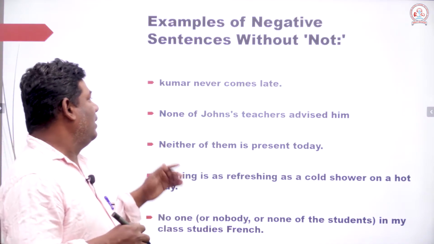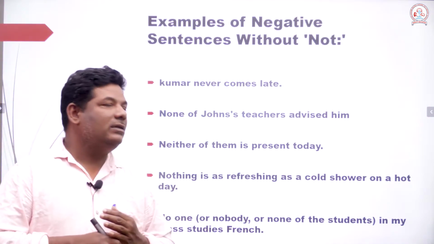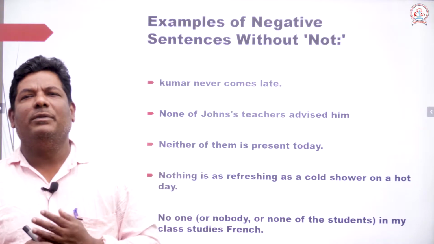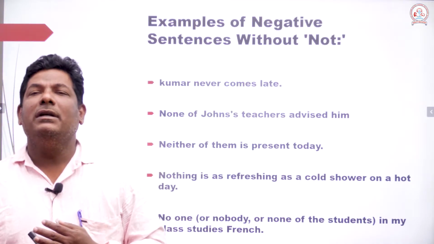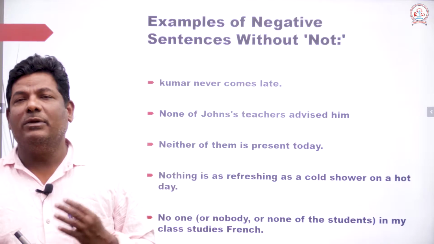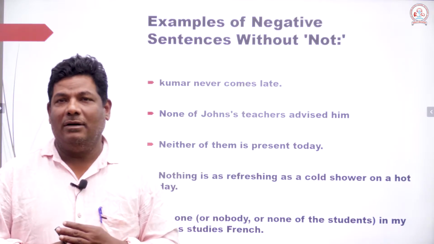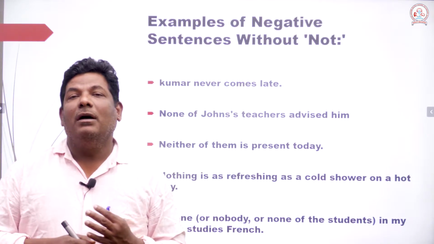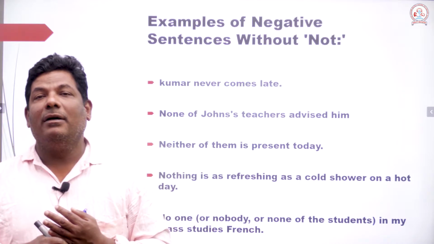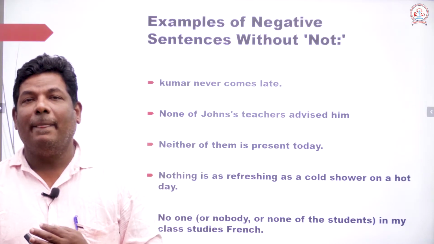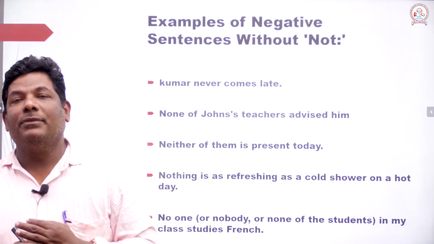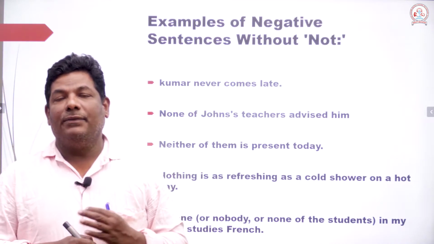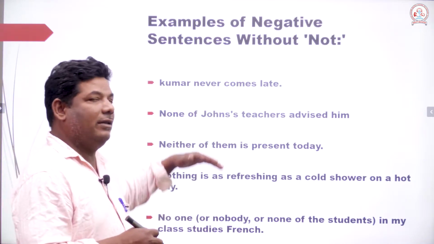Similarly, none of John's teachers advised him. Nobody advised me. It is a negative sentence, so you must write a positive question tag. If you write didn't they, is it right? No. Didn't they or did they?